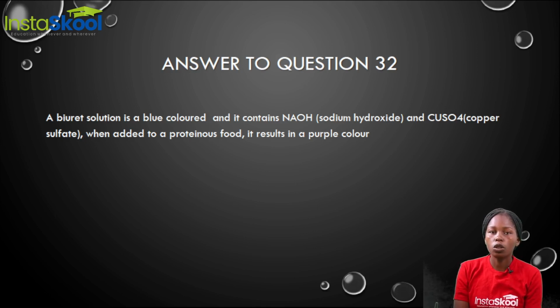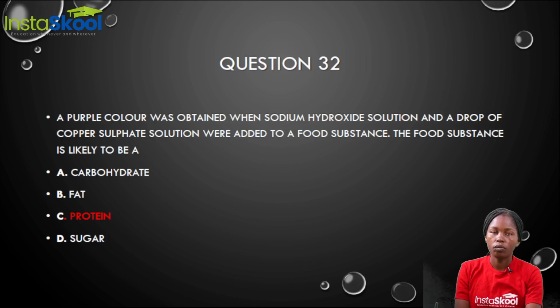And this solution turns purple to show the presence of protein in a food. So we can simply say our answer is option C, because this food substance is definitely a protein, because it becomes purple on the addition of biuret solution, which is a combination of sodium hydroxide and copper sulfate.